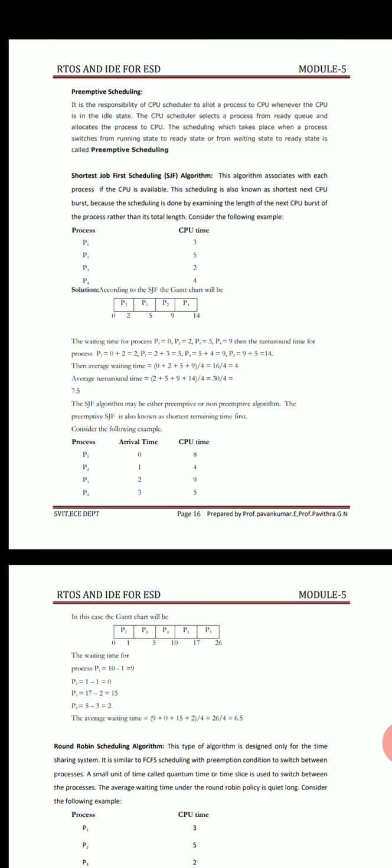This scheduling is also known as shortest next CPU burst, because the scheduling is done by examining the length of the next CPU burst of the process rather than its total length.